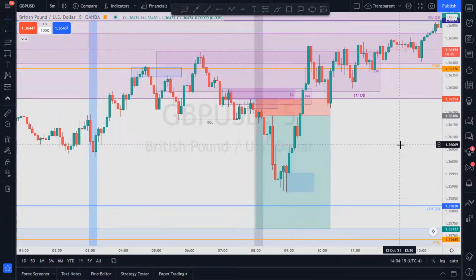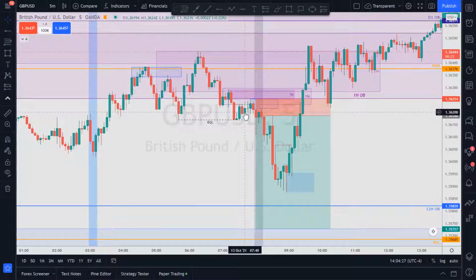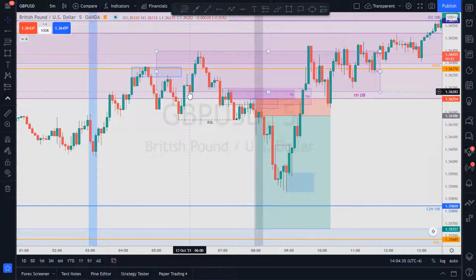First, you have to know what your bias is. That's how you know that you're taking the trade in the right direction. Why would I ignore what the chart is showing me? The time frame in front of me is showing that price is in a supply zone.